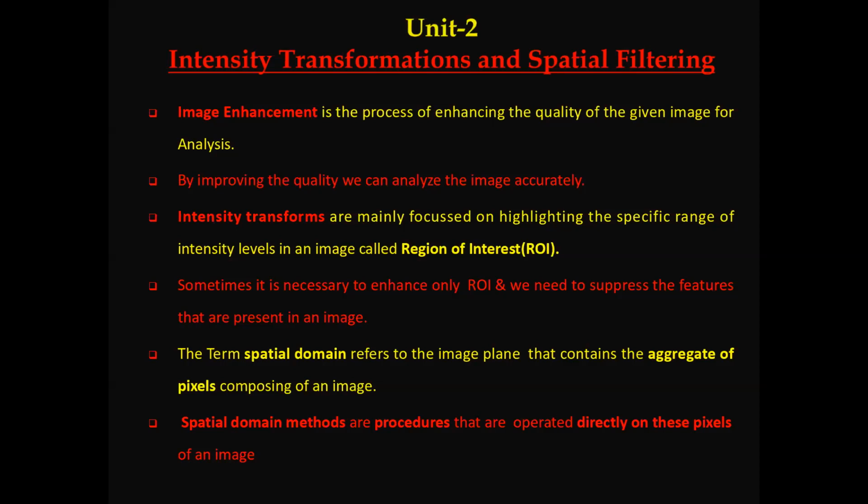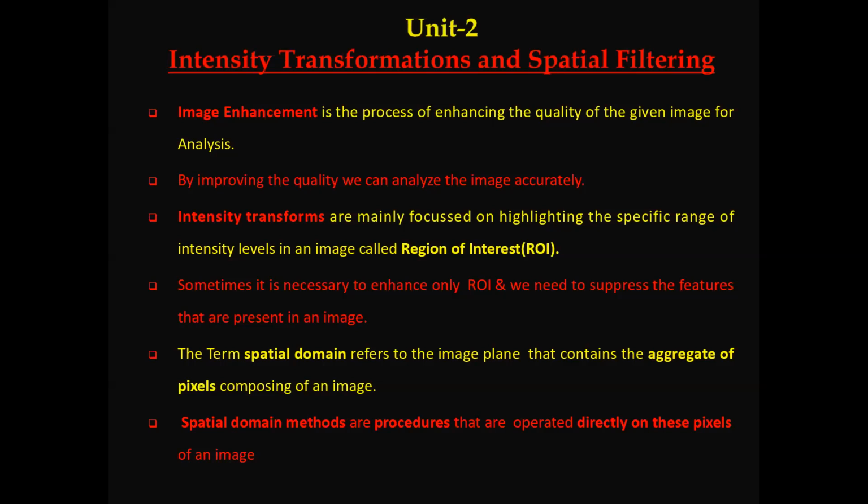Sometimes it is necessary to enhance only the region of interest, and we need to suppress the other features present in an image. For example, take a CT scan image. A CT scan is mainly meant to identify tumors present in the human brain.